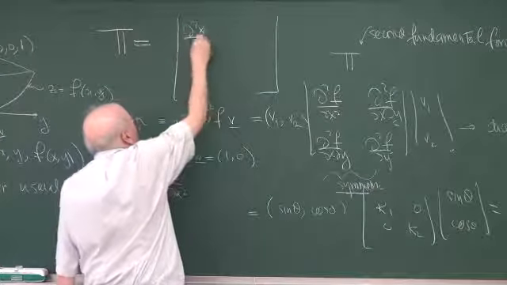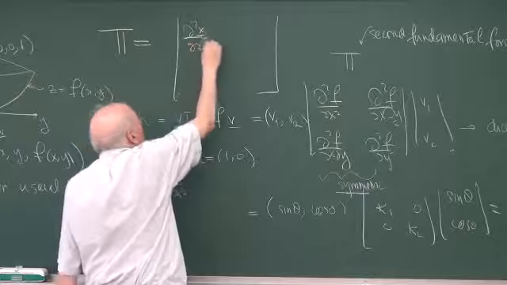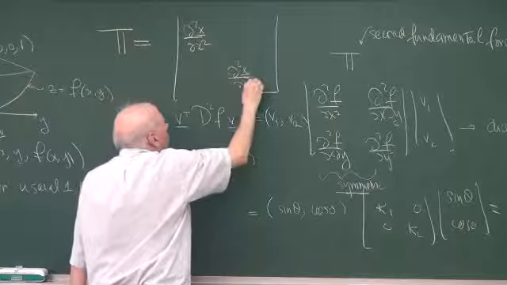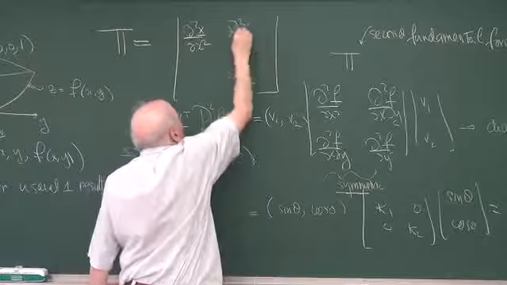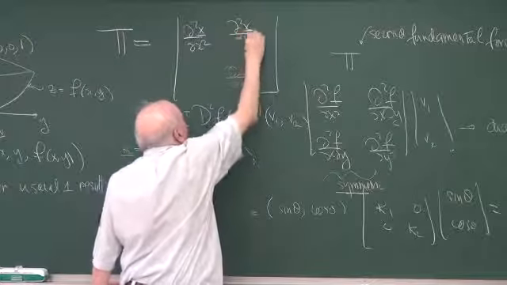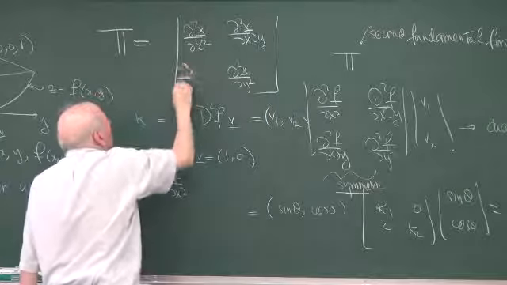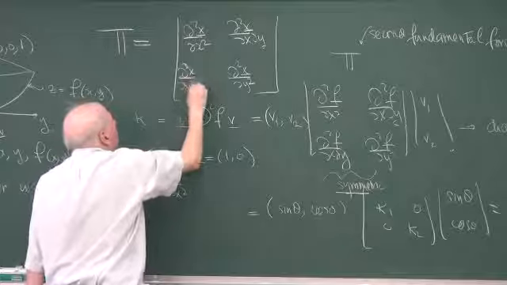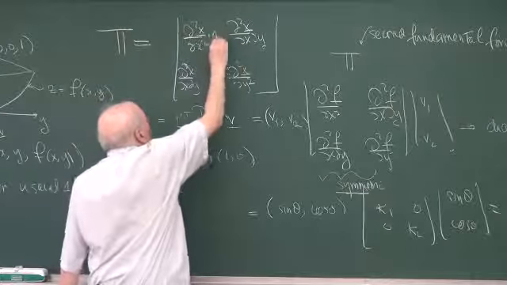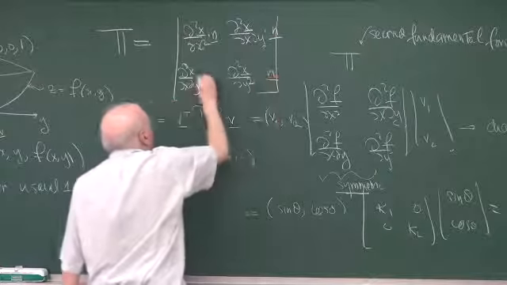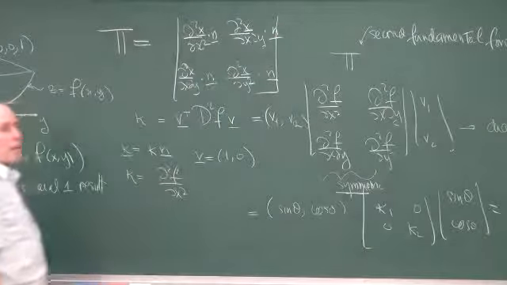It's take the partial derivative twice, take the partial derivative twice, take the partial derivative cross partial, and now dot it with the normal.